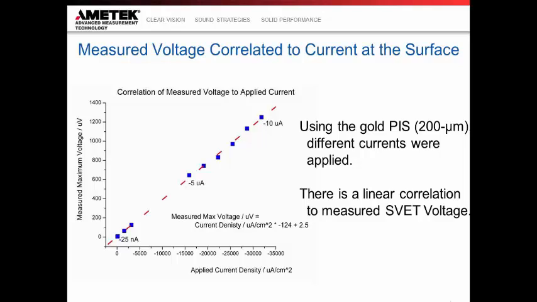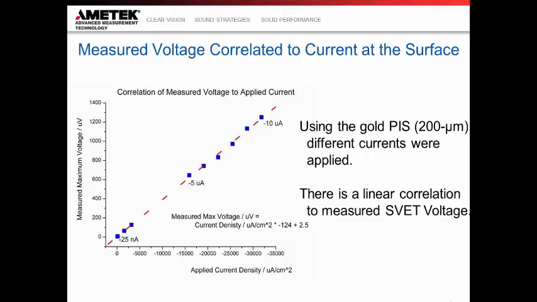And we can see that we get an equation, just y = mx + b, like you would in any linear fit. That is the equation we can then use to correlate max measured voltage to a current density at the surface. You can notice the linearity of this. You can also notice that this stayed linear even down below the 25 nanoamp applied currents.